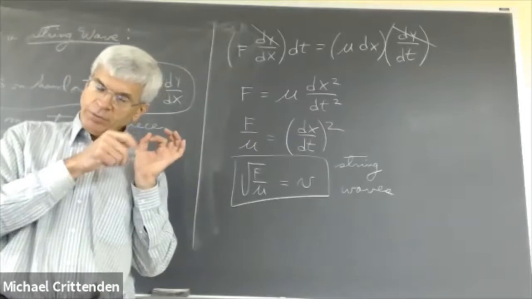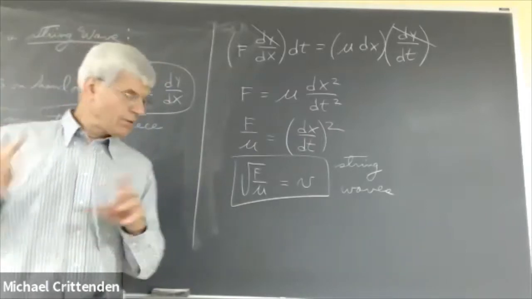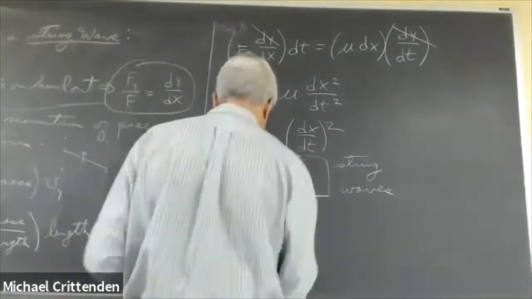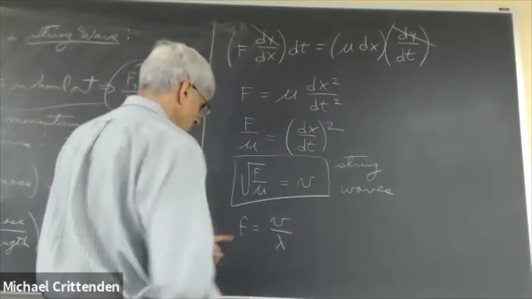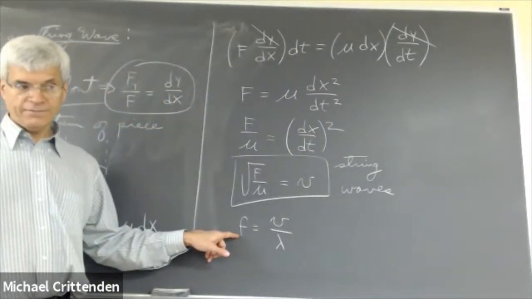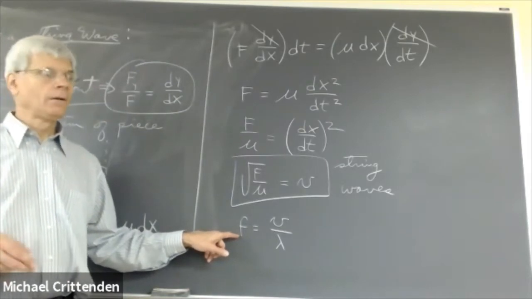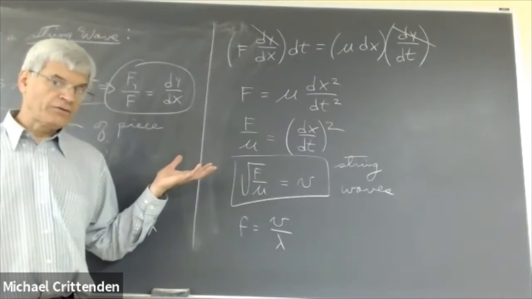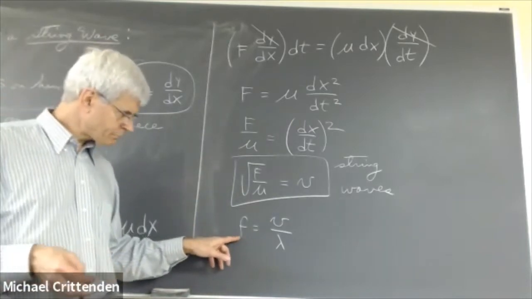And plink, plink, plink, plink. That sounds a little flat. What do you do? You see, the frequency, little f for frequency, the frequency of the waves traveling along that guitar string, equals the frequency of the sound it produces when it vibrates.